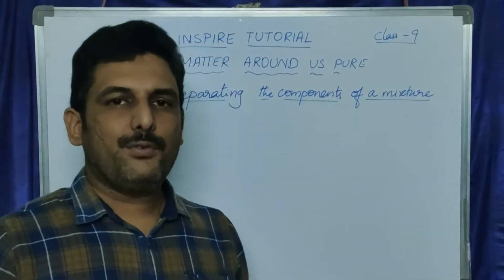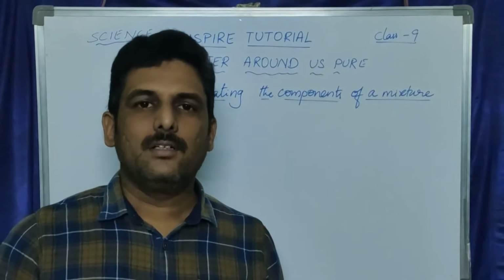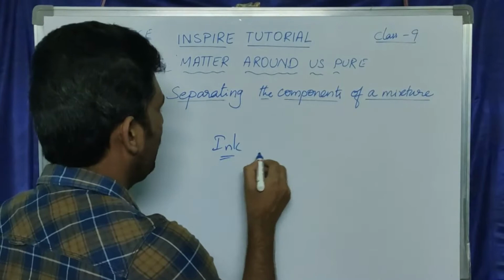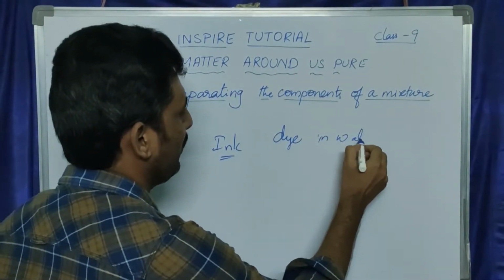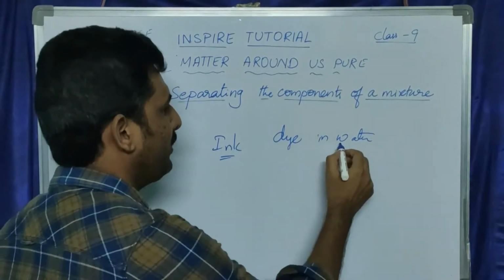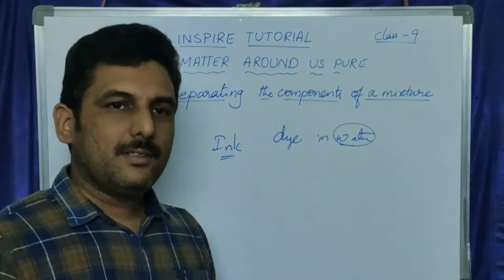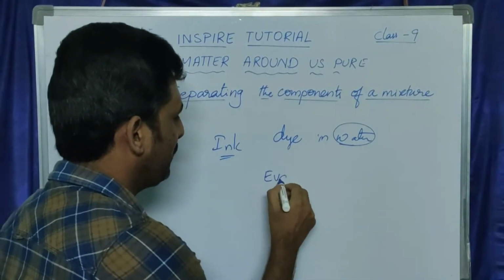And if you want to separate the components of ink, so actually ink is a mixture of a dye in water. If you want to separate this water from this ink, the water can be separated by evaporation.